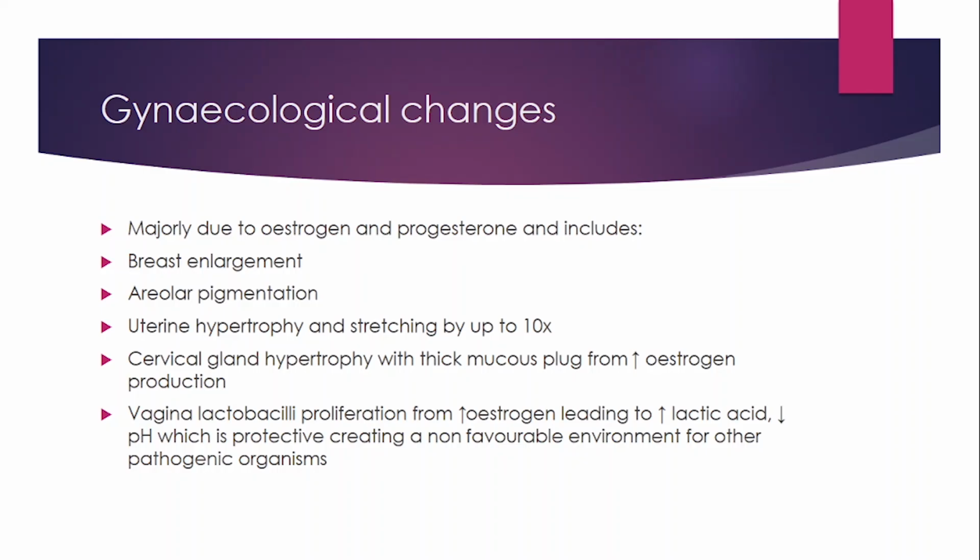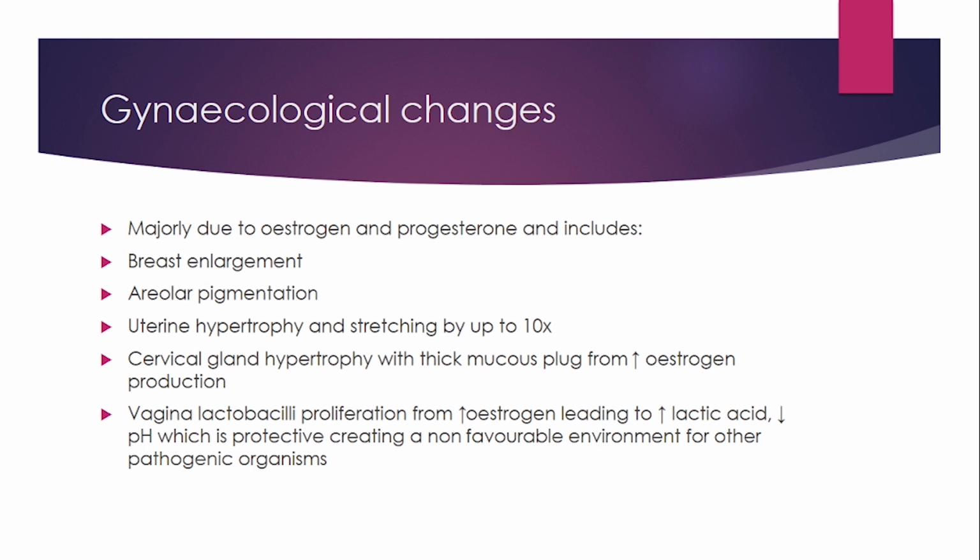In the gynecological system, the changes that women experience are majorly due to the estrogen and progesterone increase that takes place in pregnancy. This includes breast enlargement, areolar pigmentation. There is also uterine hypertrophy and stretching, which could be as much as up to about 10 times the pre-pregnancy state.